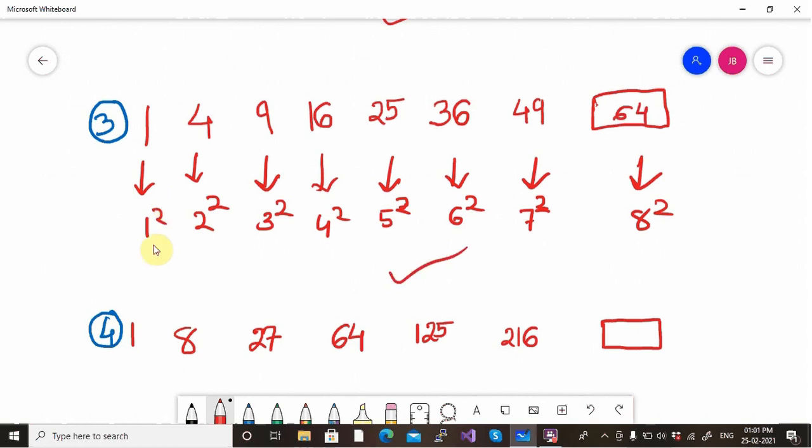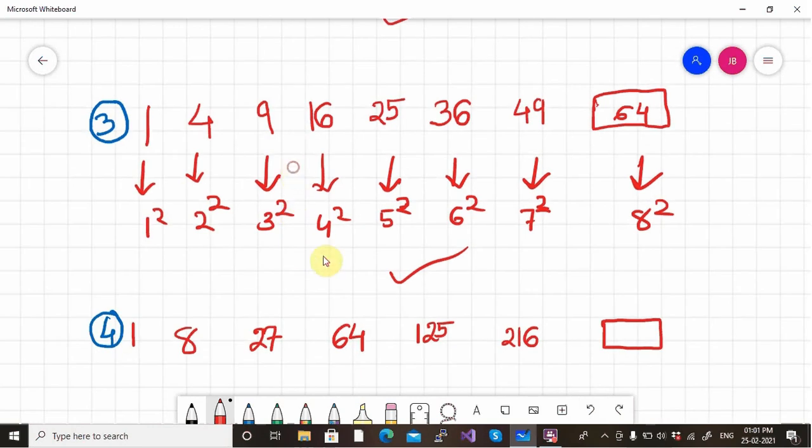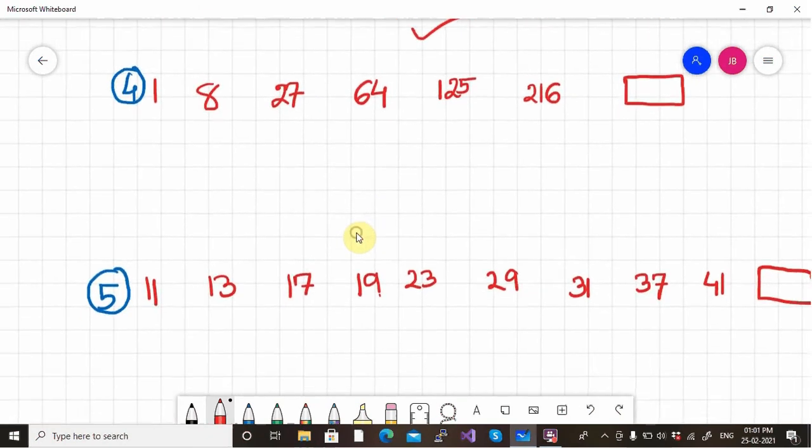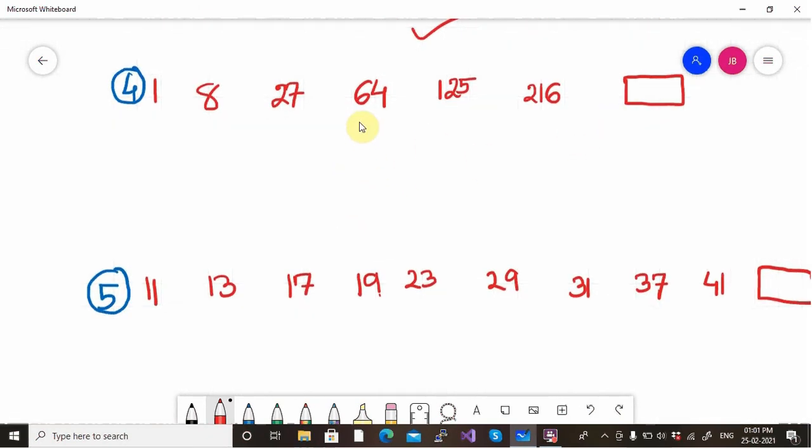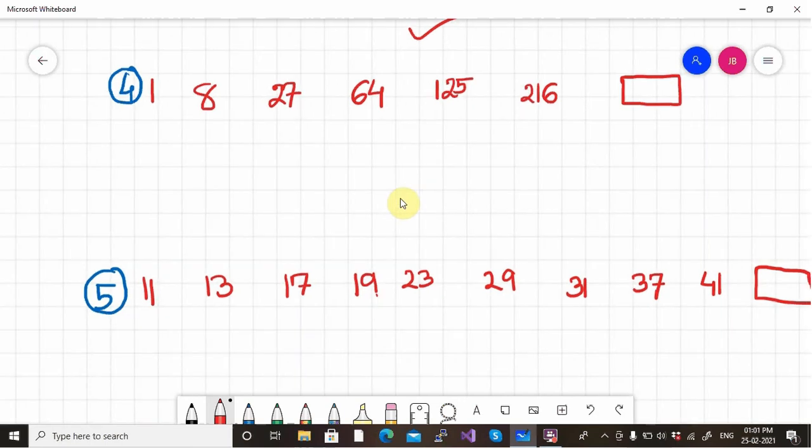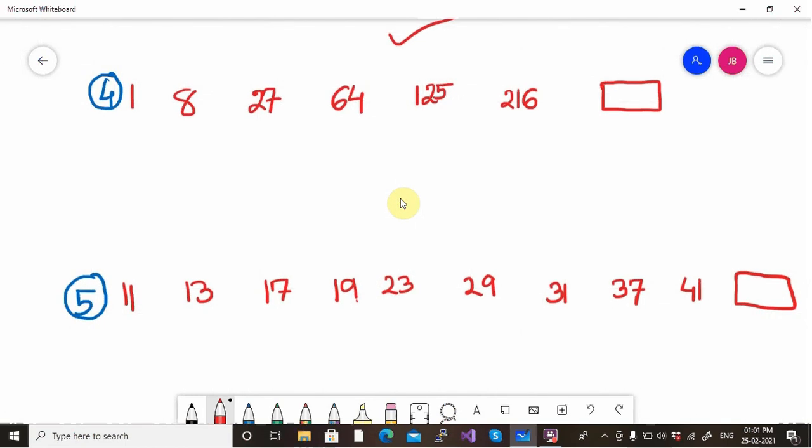So coming to the next question, it is also in increasing order. First we have to check the order, that is increasing or decreasing, or increasing-decreasing zigzag order. After that we can find how we'll solve it, or how we'll find the answer.